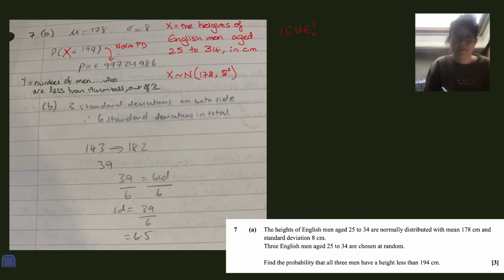That's what I actually want to find. That distribution, y, the number of, tells you that it's binomial. I've got 3 men.